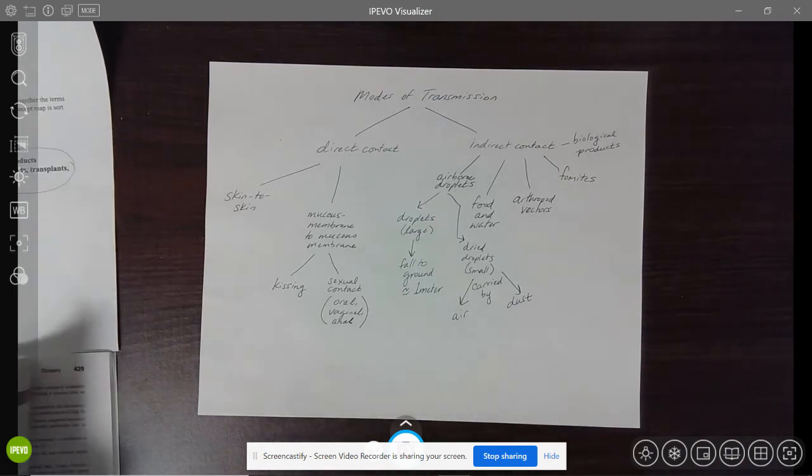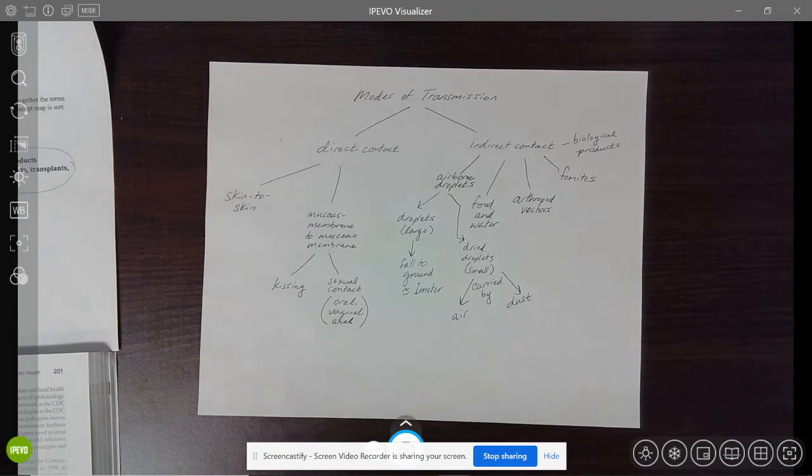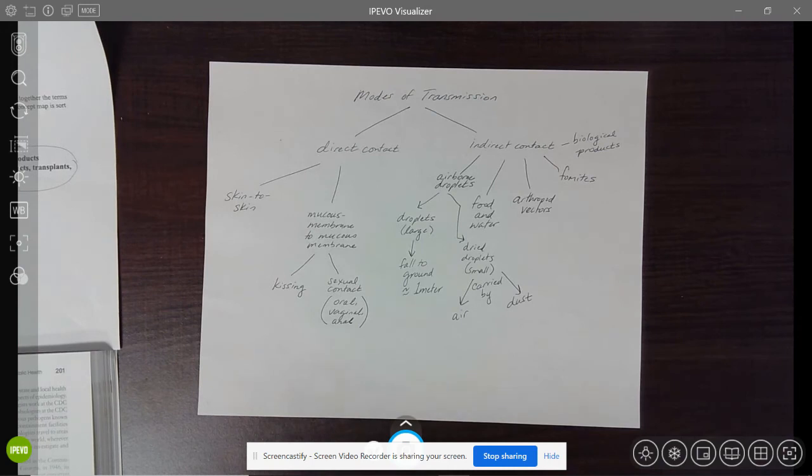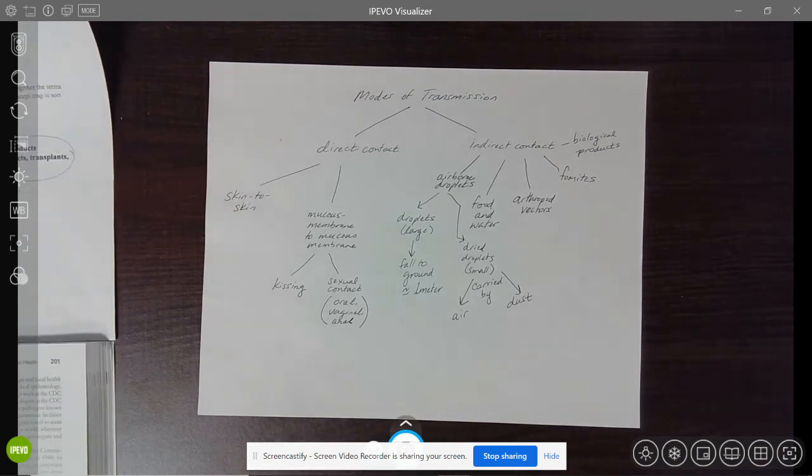I'm not seeing it in the glossary either. Okay, so I'm going to leave that term off of here then, because the book is not actually mentioning it, not that I can see right now. An aerosol, though, in general, means that you have droplets that are in the air in a concentrated manner. So I'm going to leave it at that for now, okay?